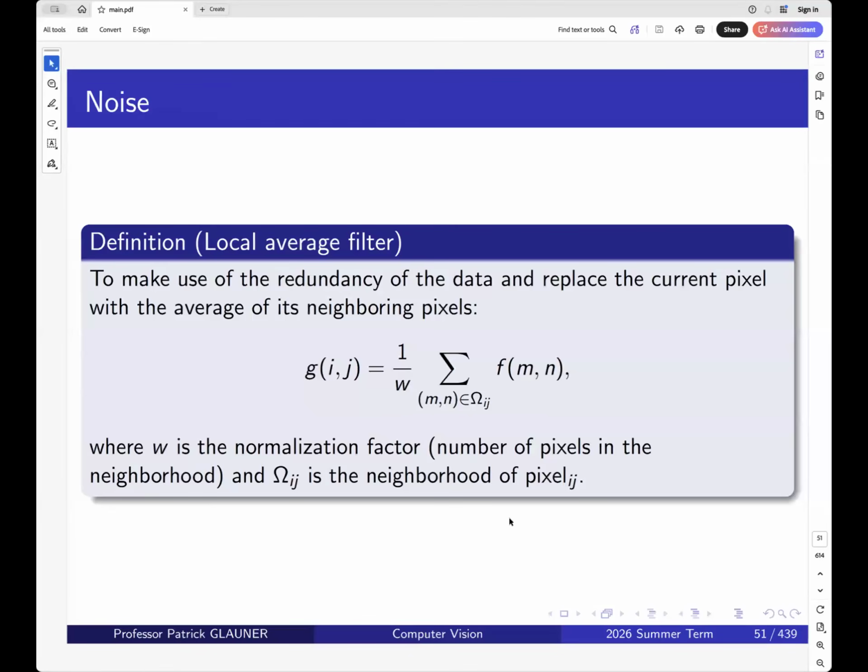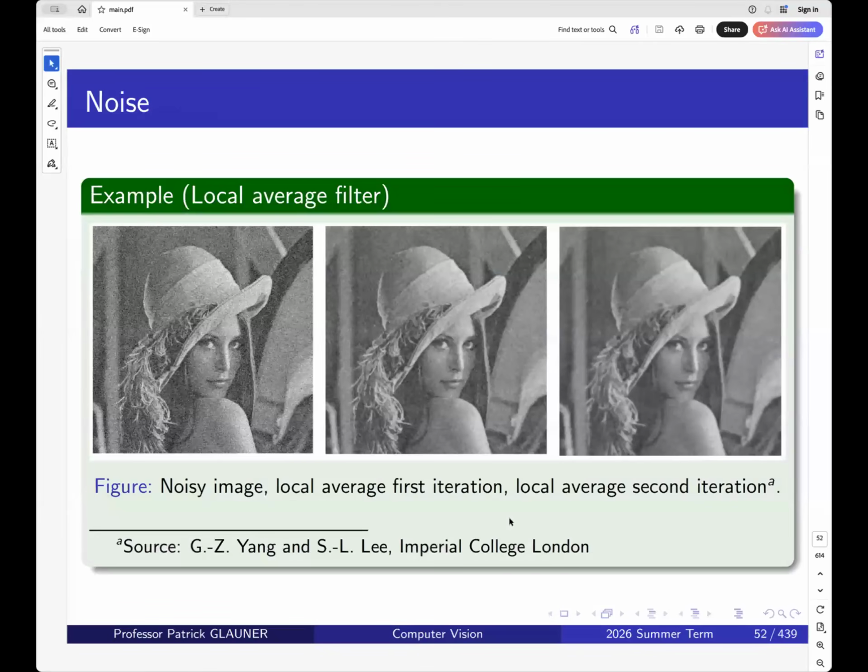So local average filter is what we just looked into. Say we have this original noisy image, and we would run the local average filter once. We would see this noise get slowly washed out. And if I run the filter on this image a second time, I would get something like this.